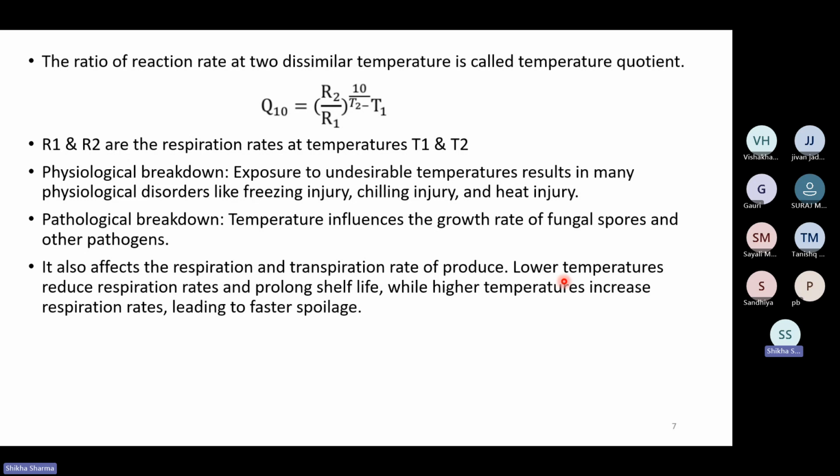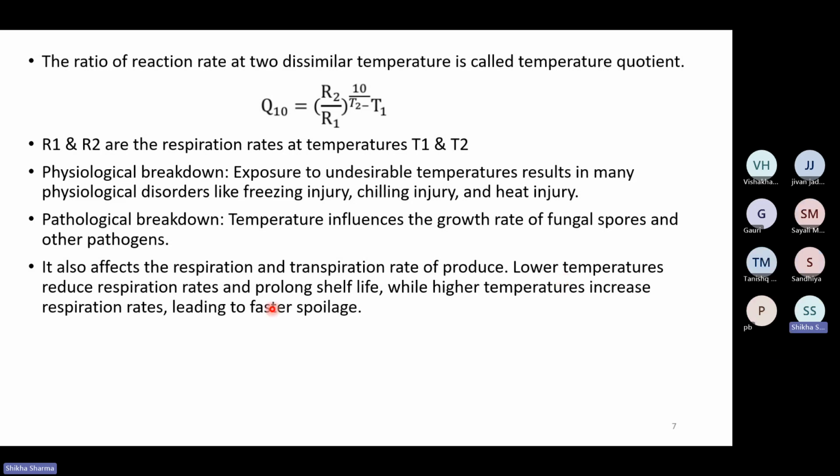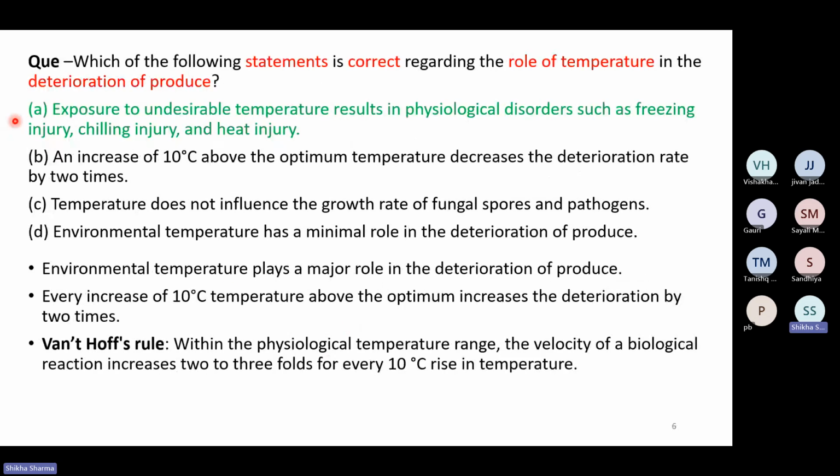So when there is a low temperature, the rate will be low and the shelf life of the product will be high. While if the temperature is high, the respiration rate will also increase and lead to faster spoilage. So option A is the correct statement. B, C and D are incorrect statements.